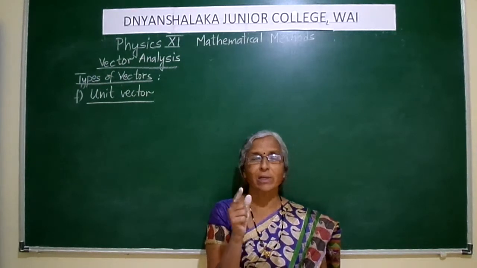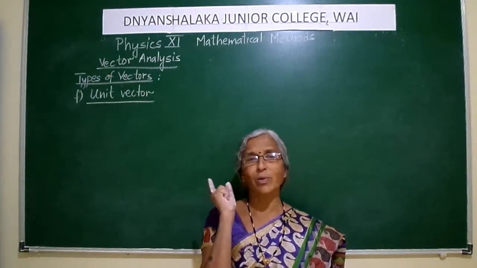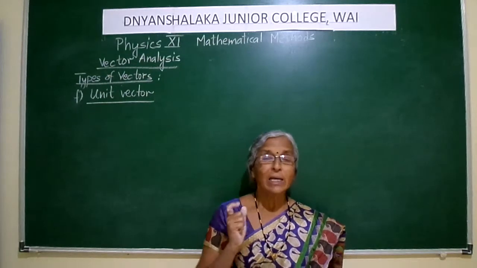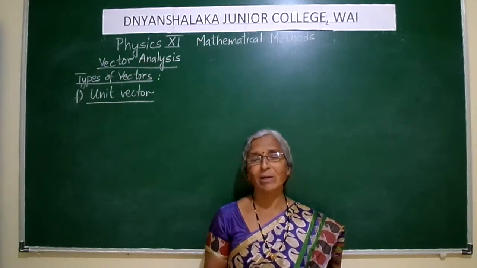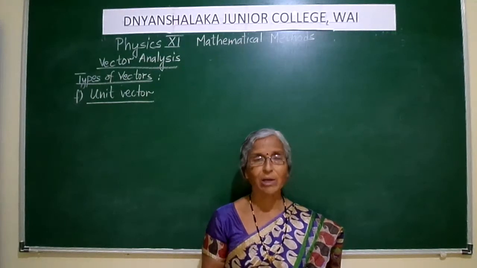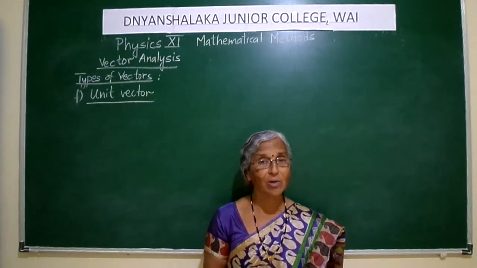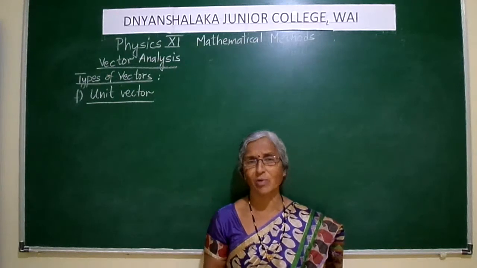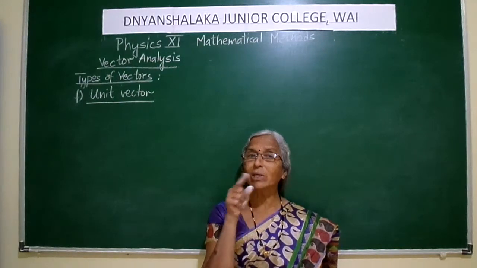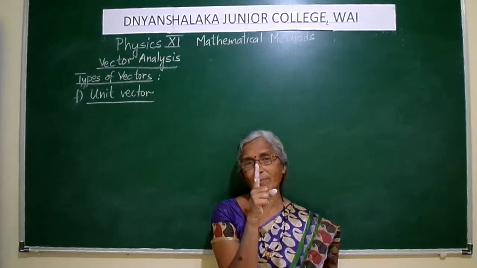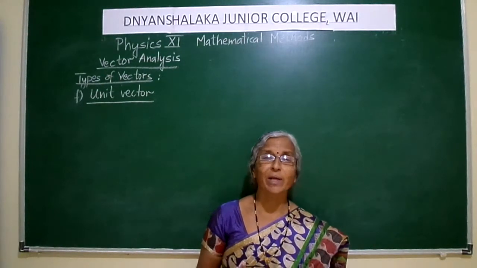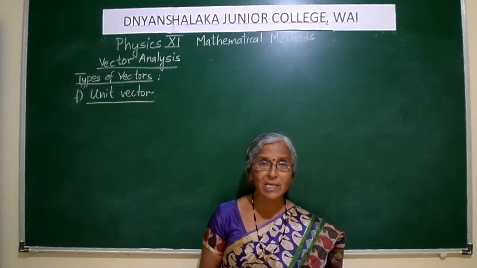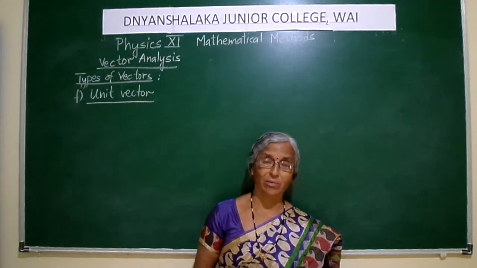The vector whose magnitude is 1. Okay, this means a displacement vector can be 1 centimeter, 1 kilometer, 1 millimeter, or 1 decameter, but what is the value of the magnitude? 1. If it is a force vector, it will be the vector of 1 dyne or 1 Newton.